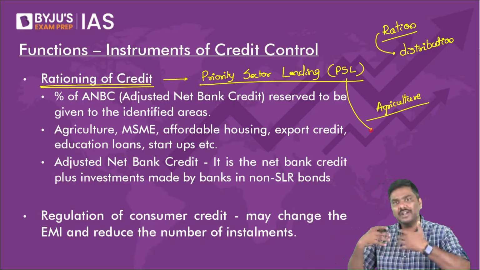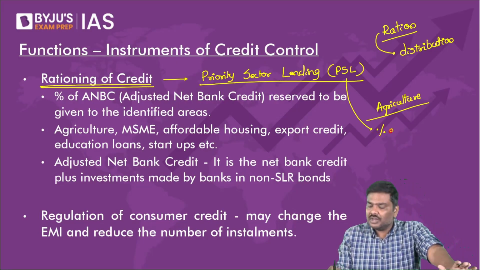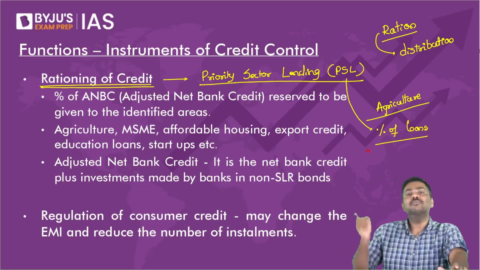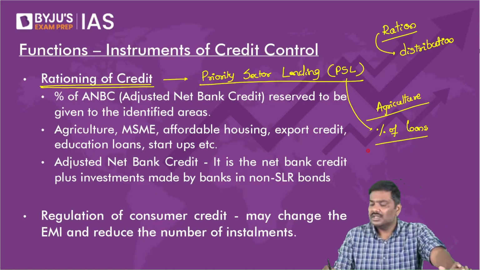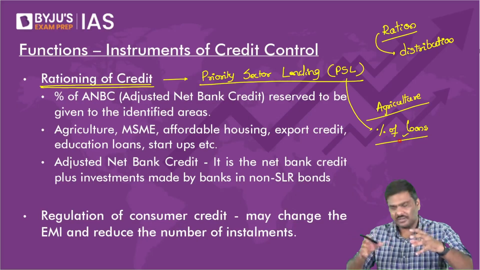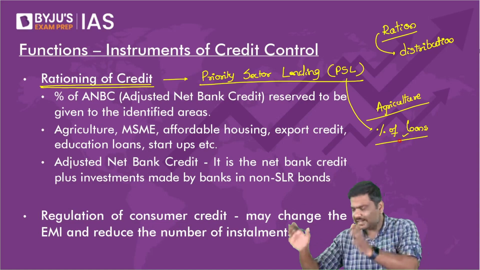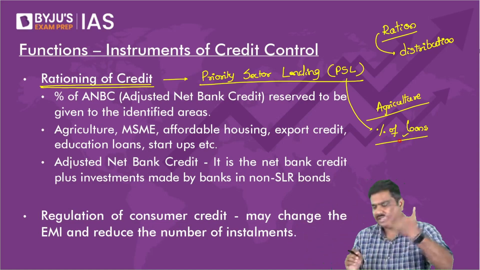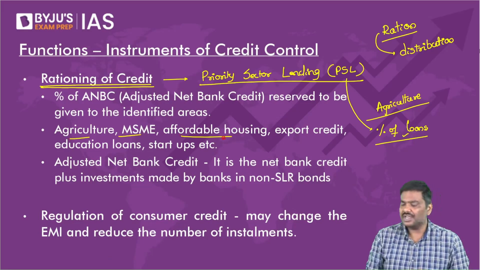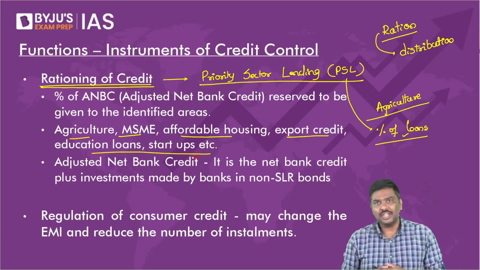Whenever the banks provide loans in a year, up to a certain percentage of the loans, the banks will have to provide to some specified sectors. Any difficulty? Up to a certain percentage of the credit they provide, they will have to provide to some sectors, for example the agriculture sector, educational loans, affordable housing, export credit.